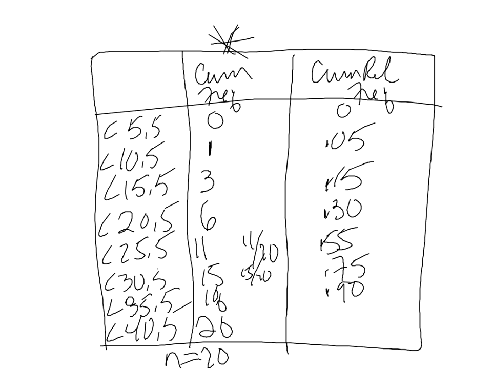And of course, 20 divided by 20 would be 1.0, or 1.00. So what I've done is I've kept a running total of the frequency, that's cumulative frequency, and with every entry of that cumulative frequency, I have divided that by 20 to get a cumulative relative frequency.